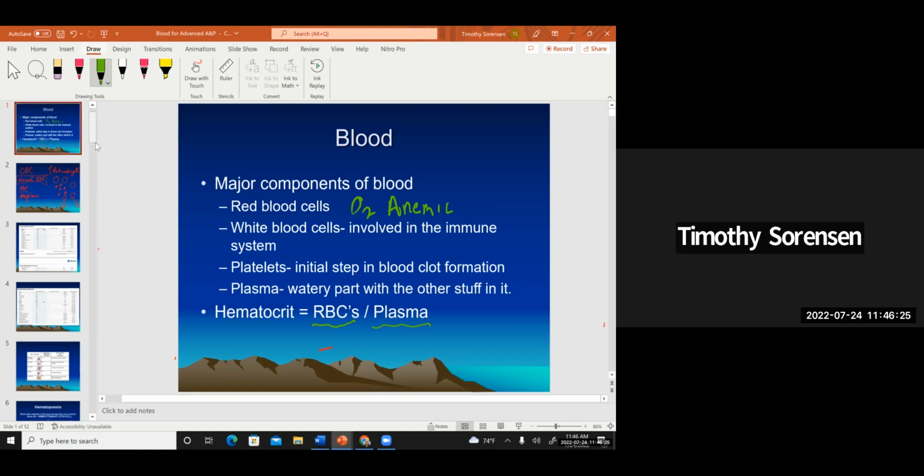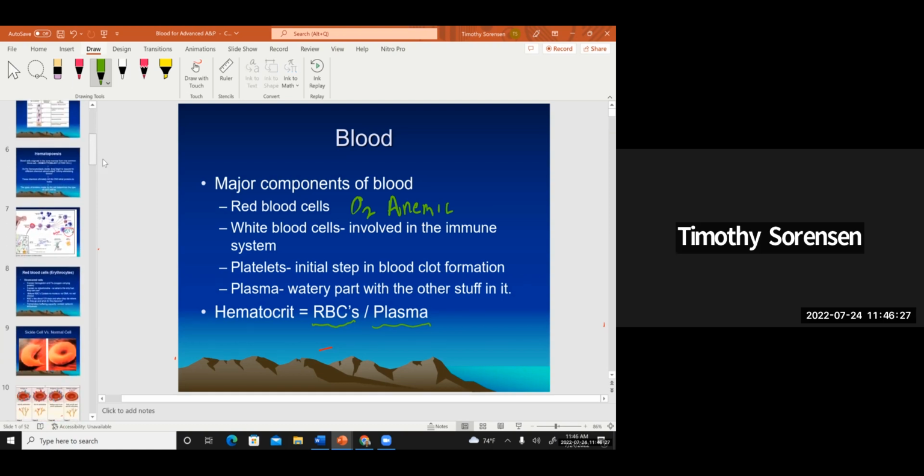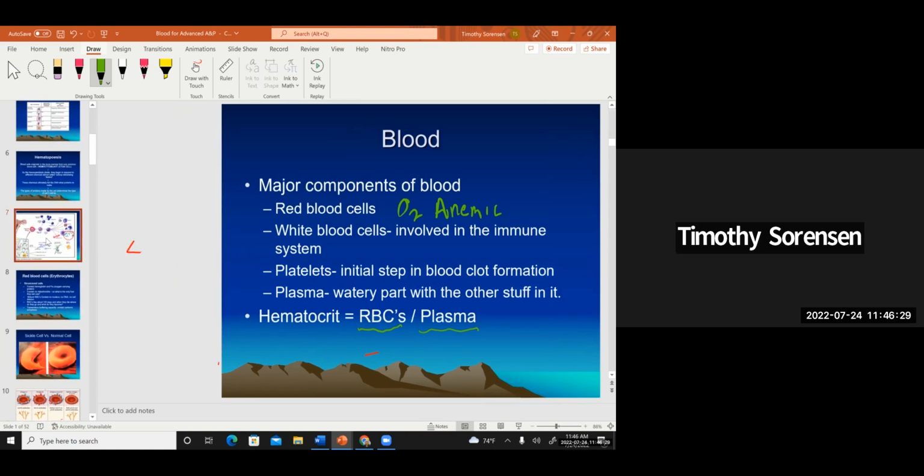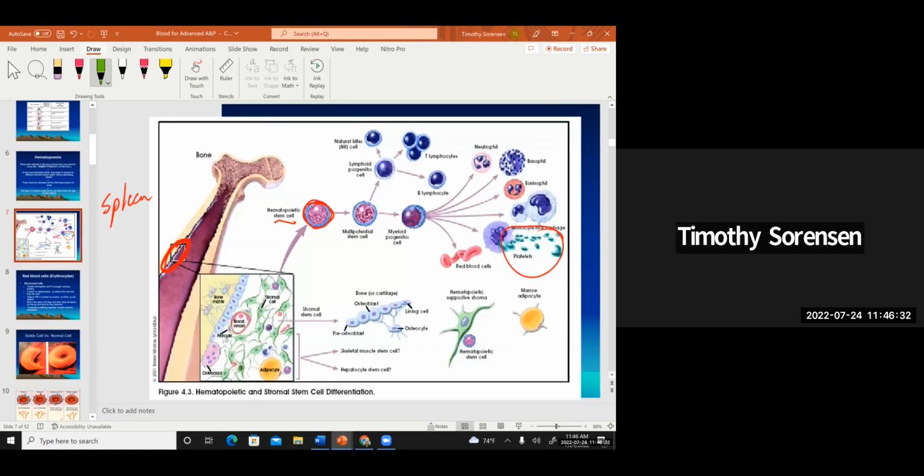Now, look, we talked about this a little bit. We know that especially in adults, blood cells, whether they be red or white, are formed in the bone marrow, and they start out as these hematopoietic stem cells.